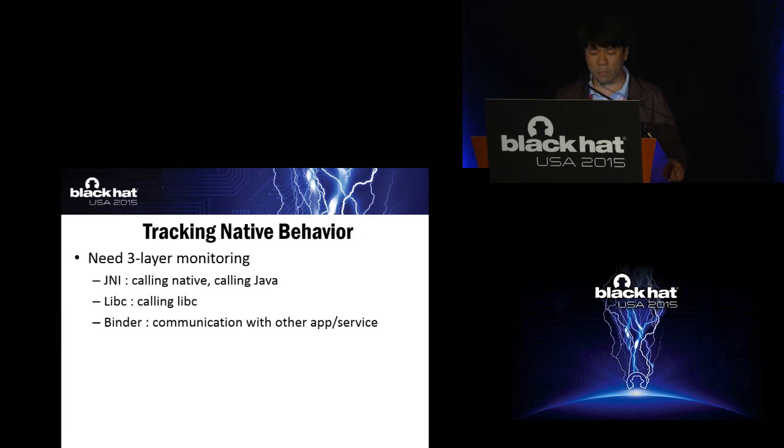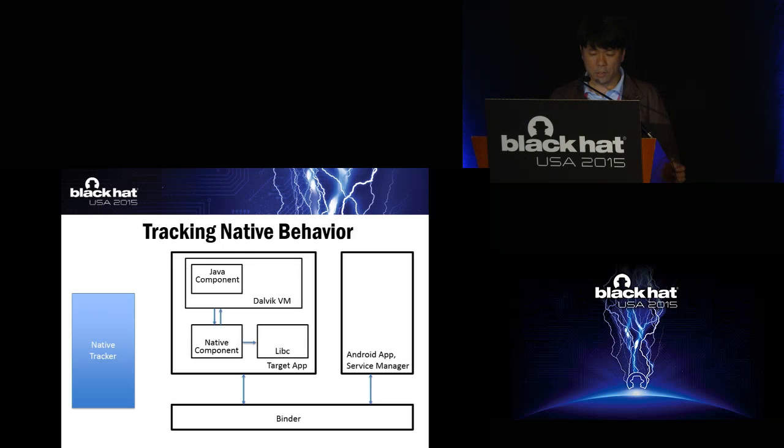In order to analyze combined Java and native code, we are tracking three layers: JNI, LIBC, and binder. JNI means Java Native Interface. If you can monitor JNI, you can know a native function called from Java code or a Java method called from native code.